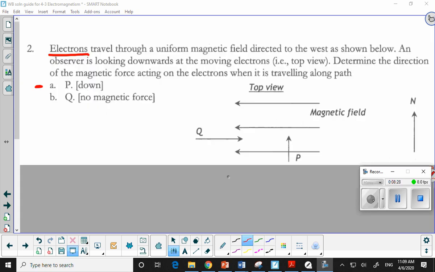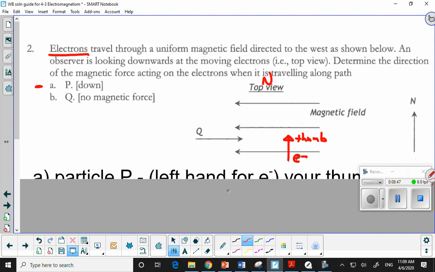So question number 2. Again, we've got a P and a Q taking place, so A is for P. Again, identified as electrons. You can use your left hand. Your thumb points in the direction of the particle. So this is your thumb pointing up towards the top of the page, which we've identified again with a north, a south, an east, and a west.